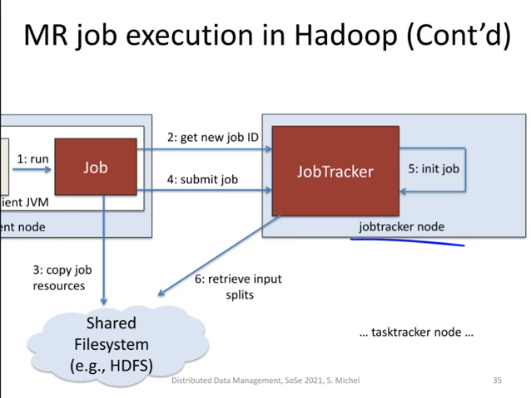So your node doesn't have to be part of the cluster. It would typically not be part of the cluster. You're just using this communication interface to send your code in the form of a job to this job tracker node.